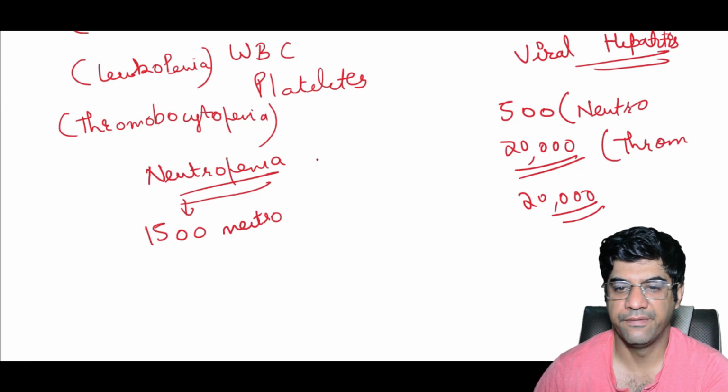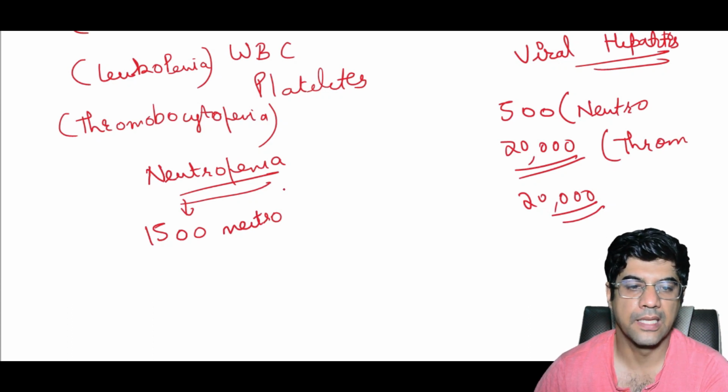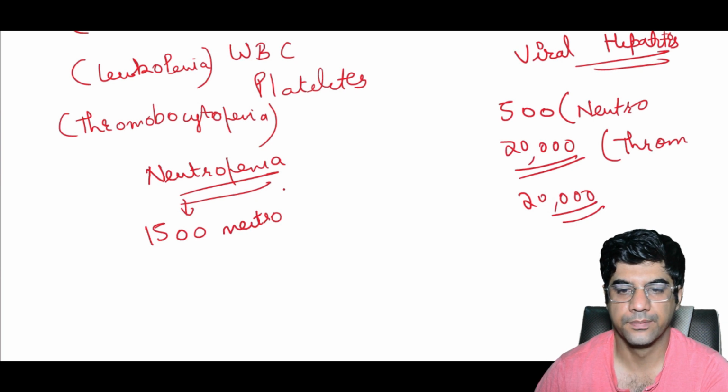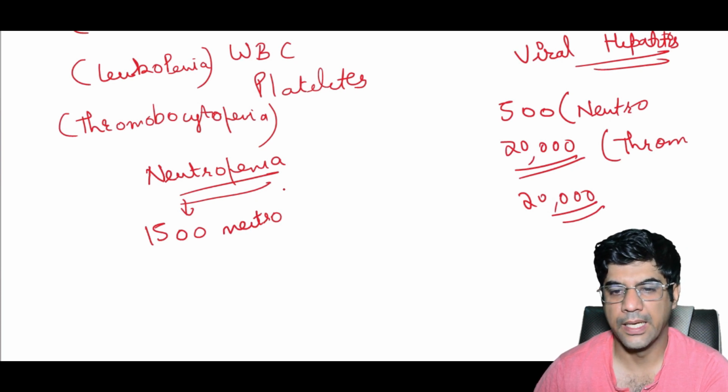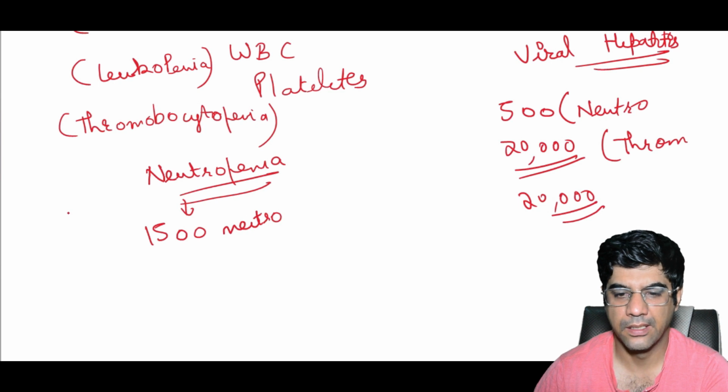Infections like hepatitis, rubella, measles, and HIV can cause it, as can autoimmune disorders like SLE, where the body produces antibodies against the neutrophils that lead to their destruction. Neutropenia increases the susceptibility to bacterial infection. For benign neutropenia, no specific treatment is needed.